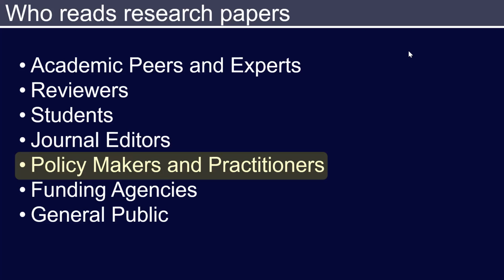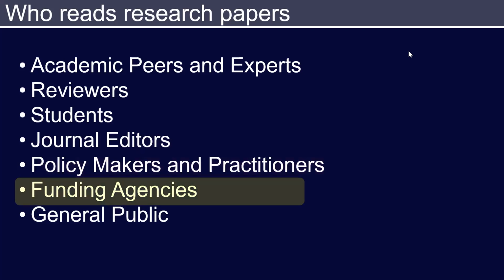and practice. Funding agencies, this is really important, because if you want to apply for grants, you need to write a proposal addressing a certain issue and mentioning that you are trying to address this gap. So how do they assess your writing?